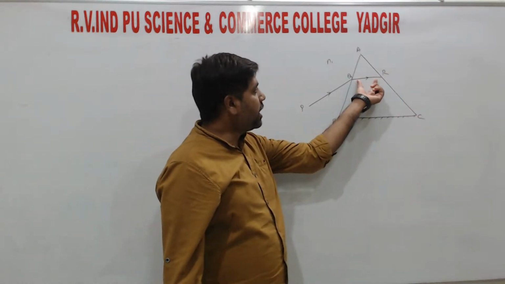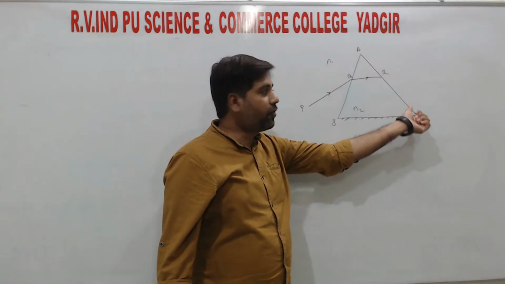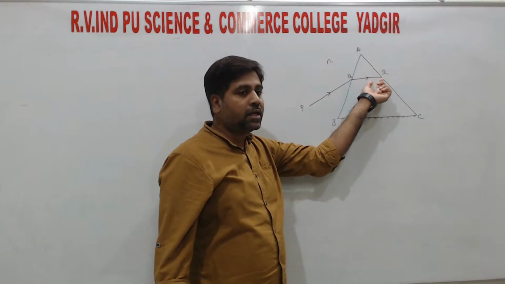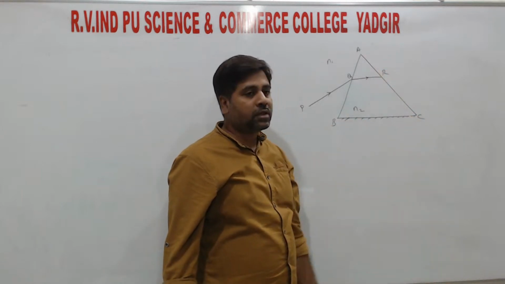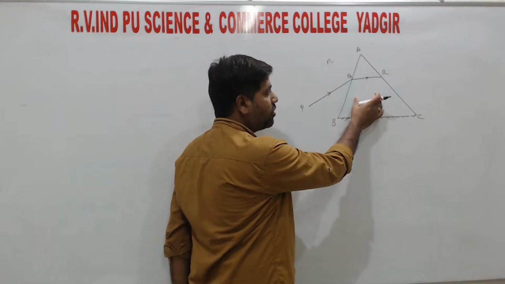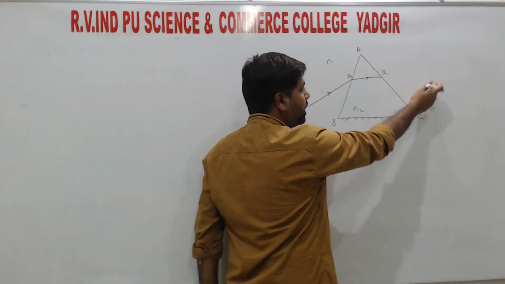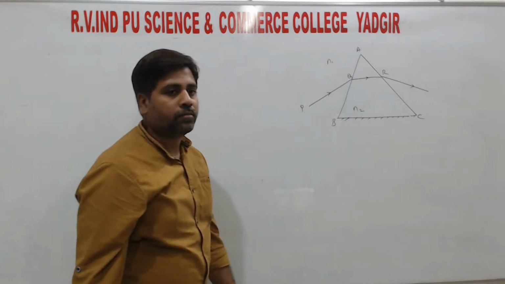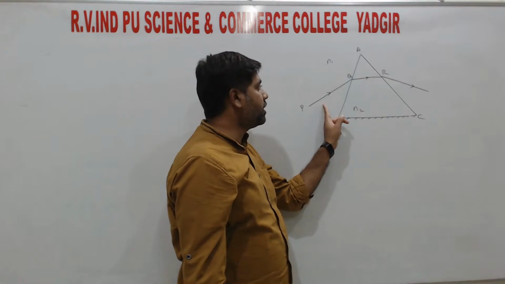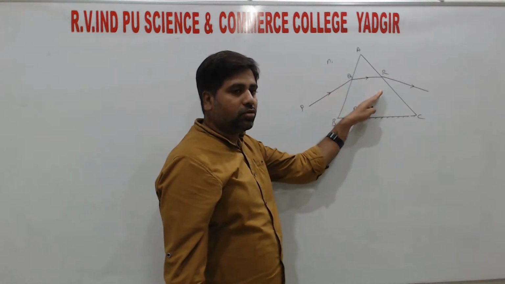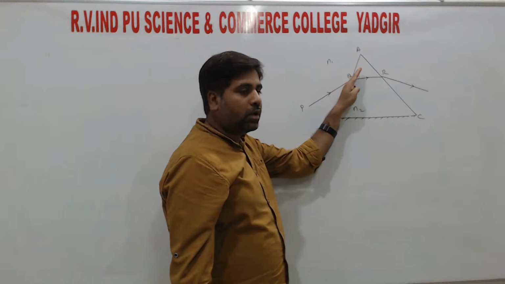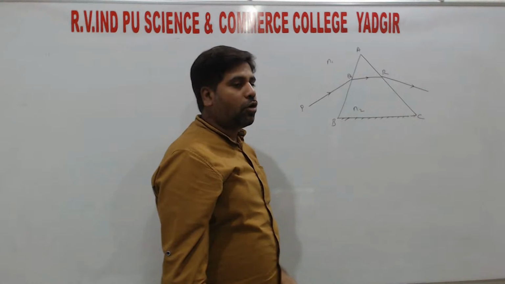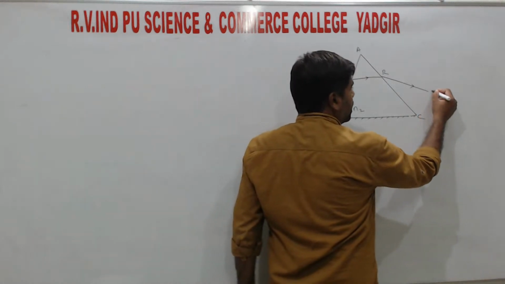So this refracted ray is again incident on the second refracting surface, that is AC. QR can also be called the incident ray for the refracting surface AC. Here the light ray travels from denser medium to rarer medium, so again the light ray gets bent away from the normal. Light traveling from rarer to denser bends towards the normal, and from denser to rarer it bends away from the normal.